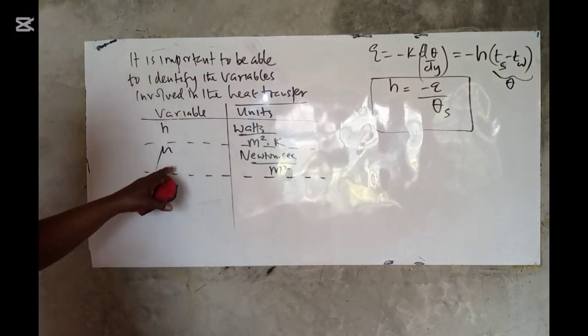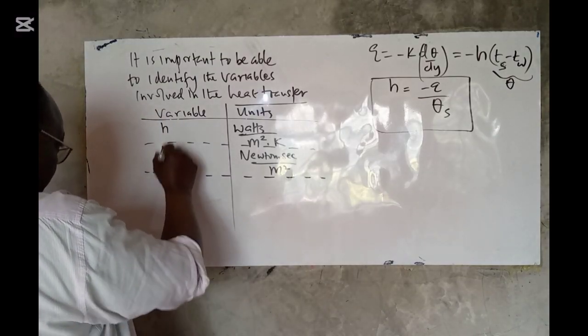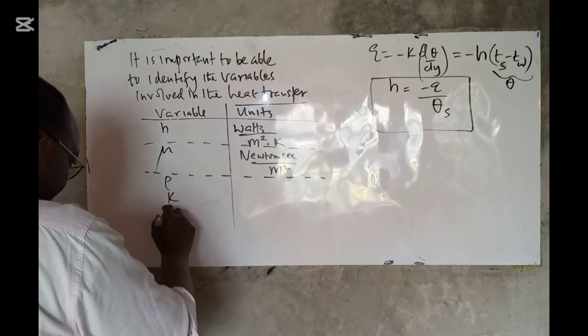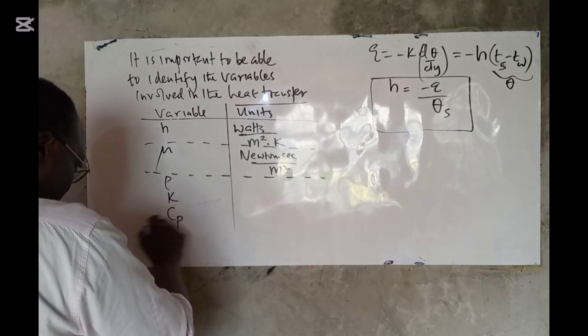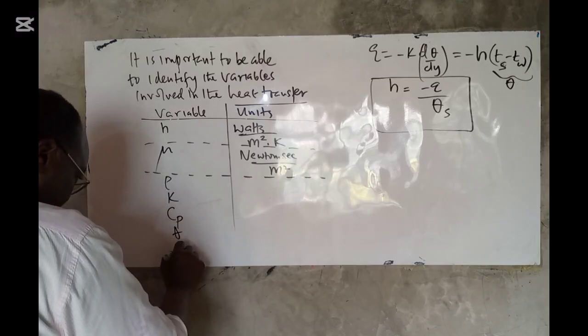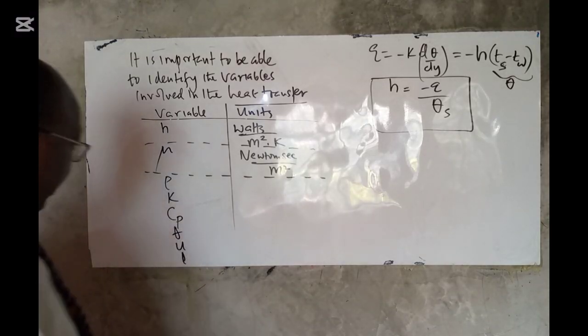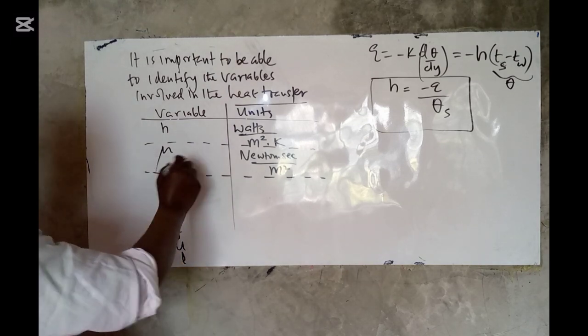The other ones: we can have rho, K, specific heat, mu, and L. This is viscosity, don't forget.